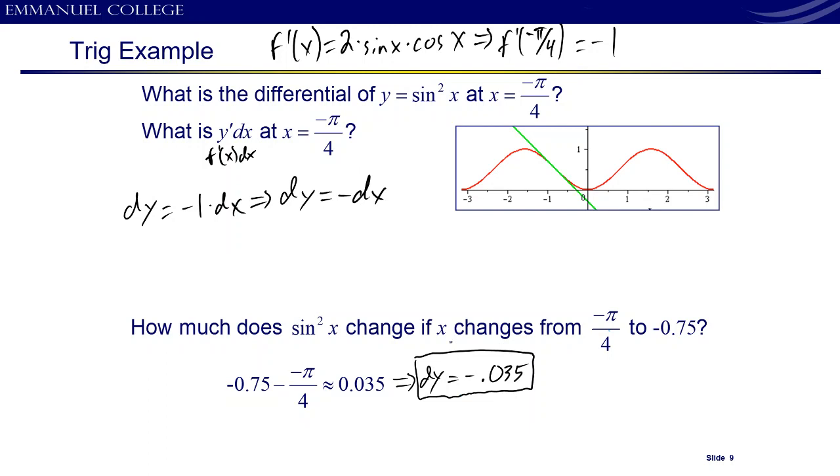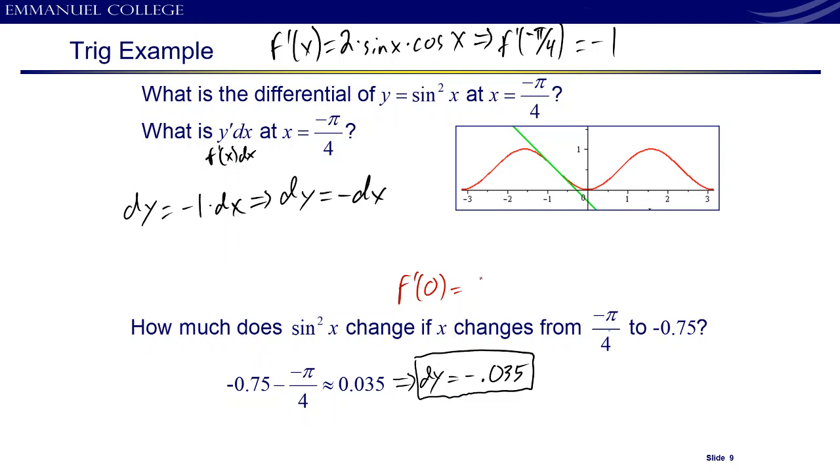Now, one thing you need to keep in mind is what would be a bad point to test a differential? Don't go for places where the derivative is 0. So for example, let's say I look at f prime of 0.